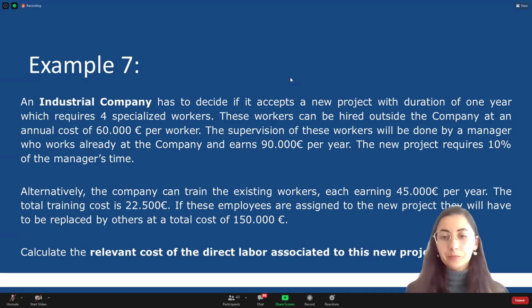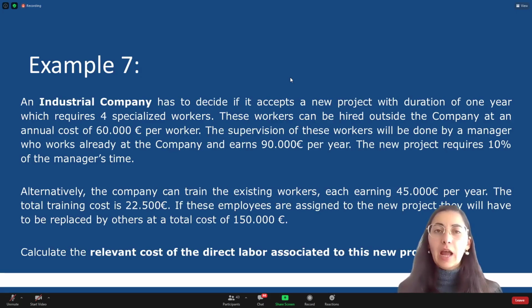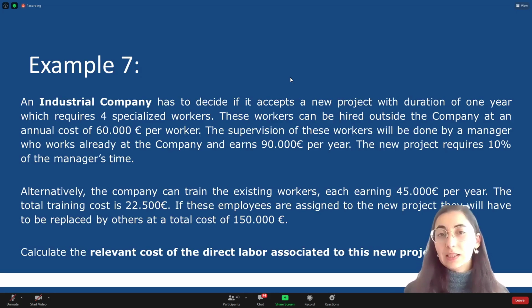Okay, so on this example, they are asking to calculate the relevant cost of direct labor. So here we have two options for the direct labor. We calculated the relevant cost of the two options. For the first option of subcontracting the specialized workers, we calculated the 4 times 60,000, which was 240,000.